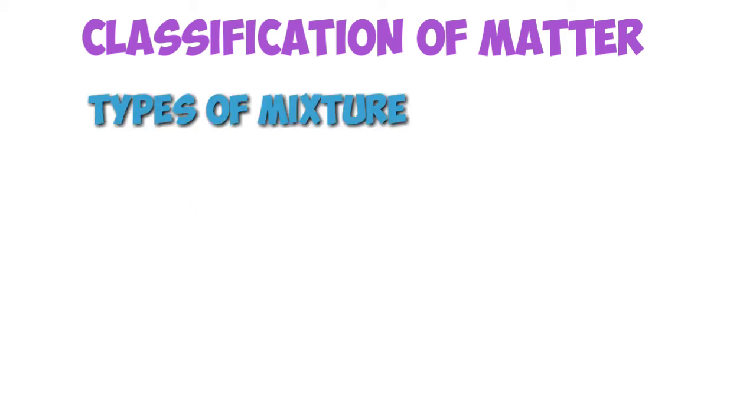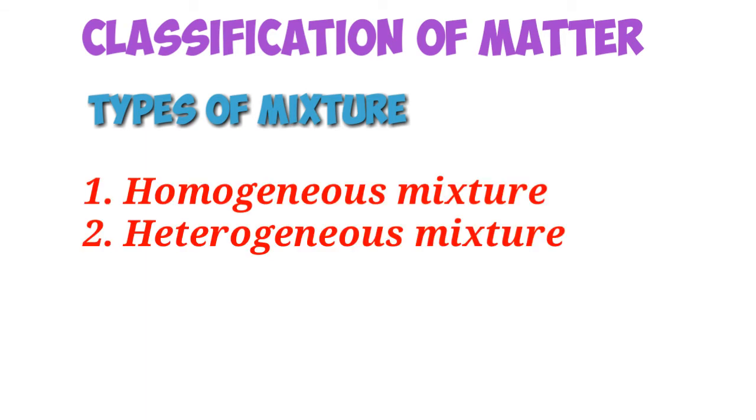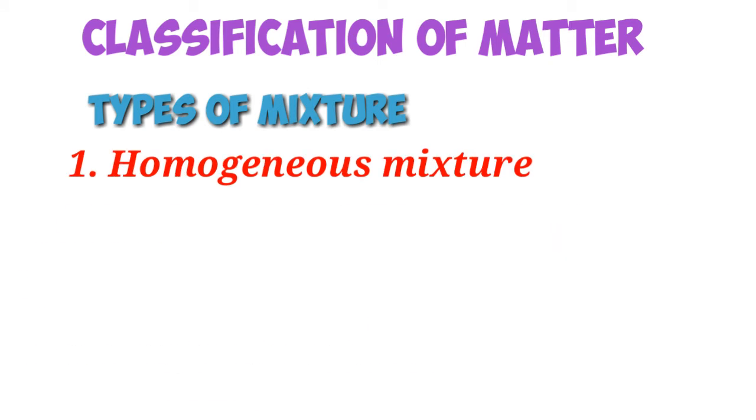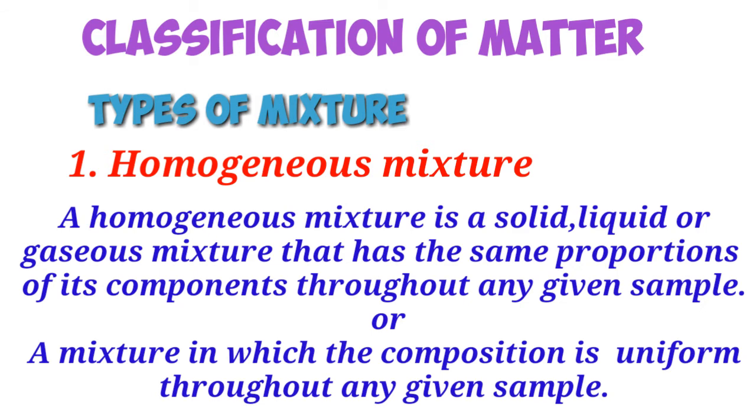Next one, type of mixtures. Depending upon the nature of the component that forms a mixture, we can have different type of mixtures. Homogeneous mixtures and heterogeneous mixtures. First one, homogeneous mixture. A homogeneous mixture is a solid, liquid or gaseous mixture that has the same proportions of its component throughout any given sample.